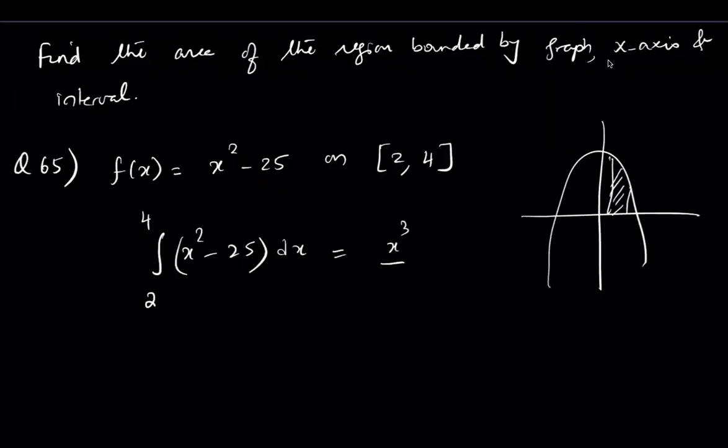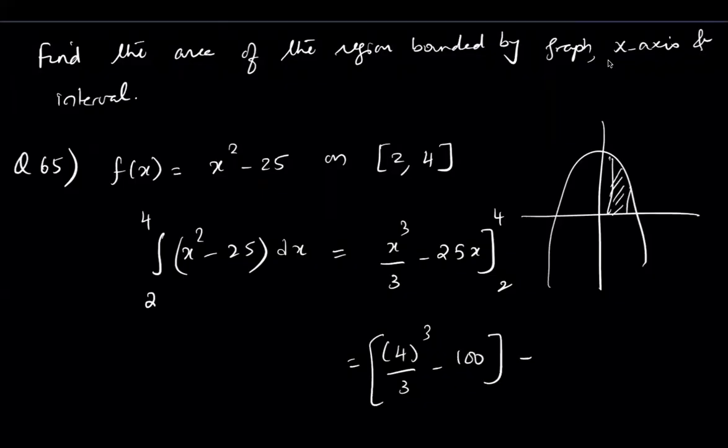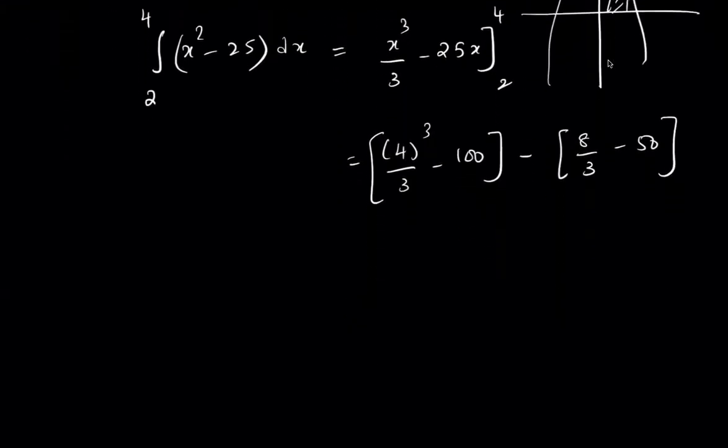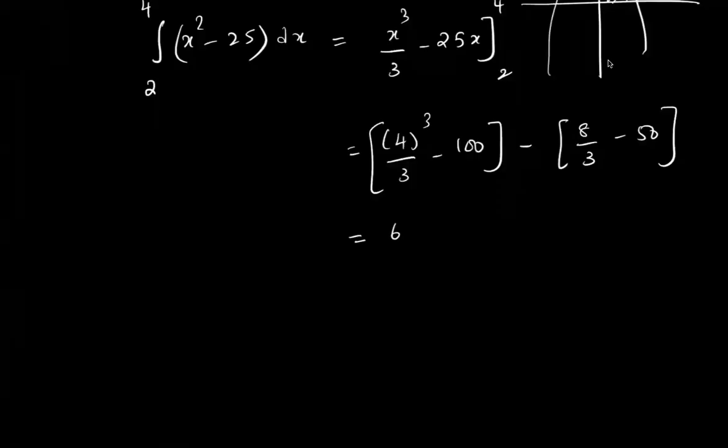Which is x cubed over 3 minus 25x between the limits 2 to 4. Evaluate it. So you have 4 cubed over 3 minus 25 times 4 is 100, minus 2 cubed over 3, 8 thirds, minus 50. So let's simplify this. 4 cubed is 64 over 3 minus 100, minus 8 thirds plus 50.